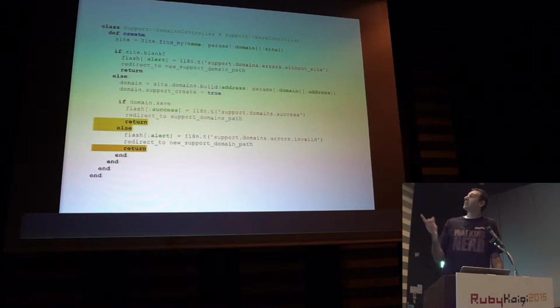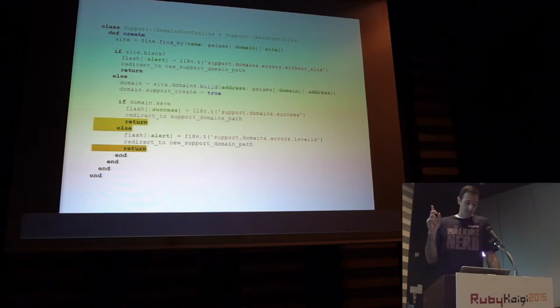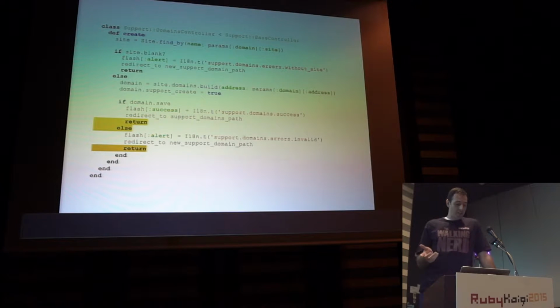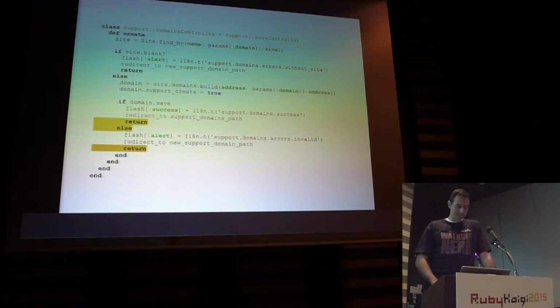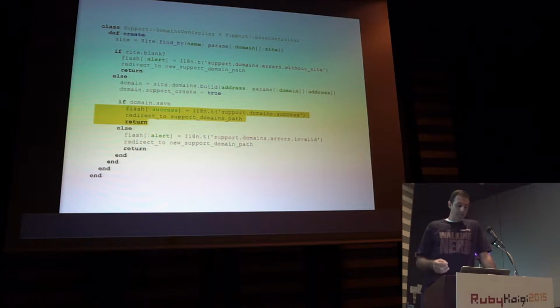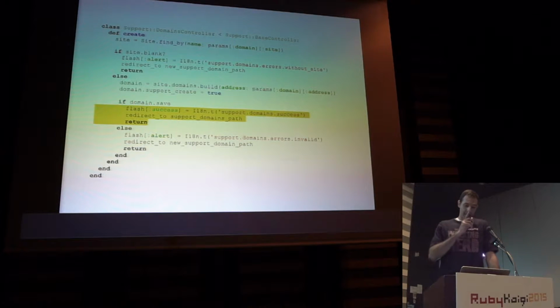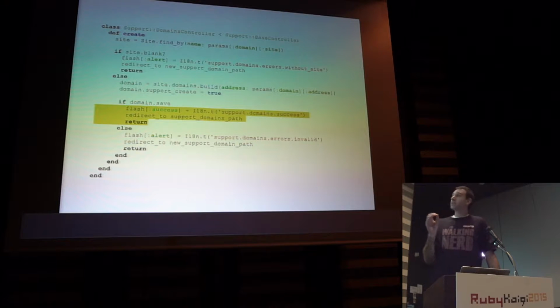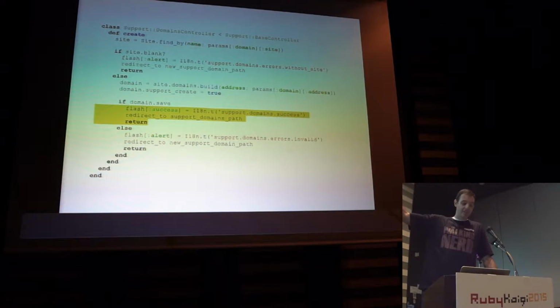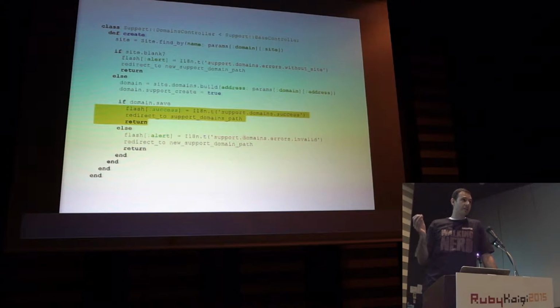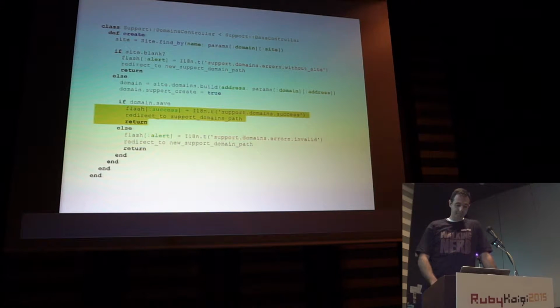Again, return with else. If you don't save, set an error message, redirect, and return. The big problem here is the success path inside an if, inside an else. It's not clear and readable.